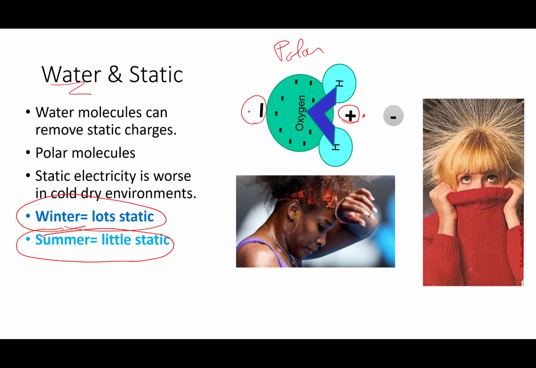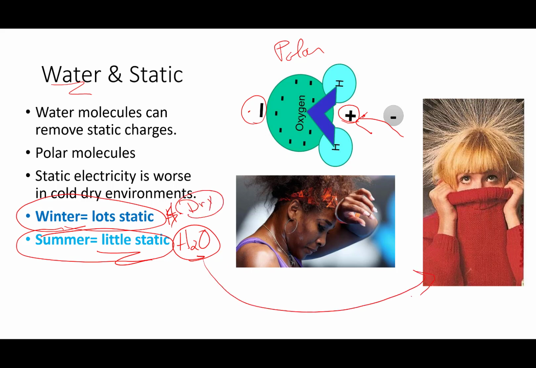So when there are a lot of water molecules in the air, as in the summertime with high humidity, if a static charge has built up, the water molecules will come along and steal away that static charge, so there's a lot less in the summertime. In wintertime, it tends to be very, very dry. Static charges build up, and you're much more likely to get hair like that when you pull your sweater over your head.